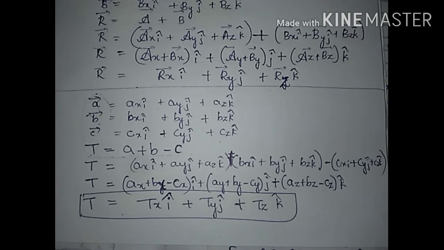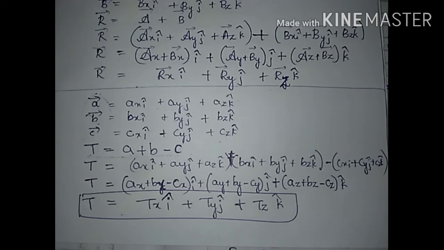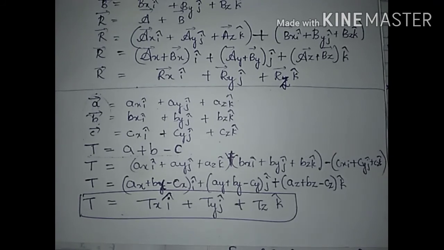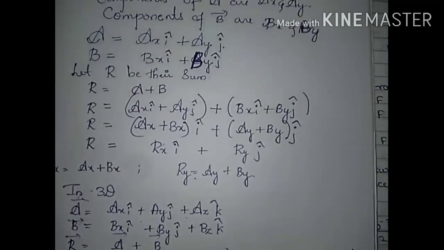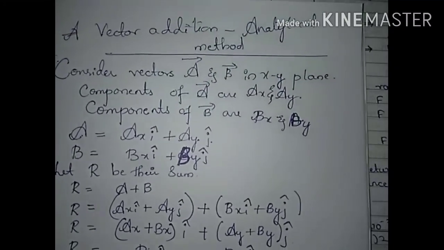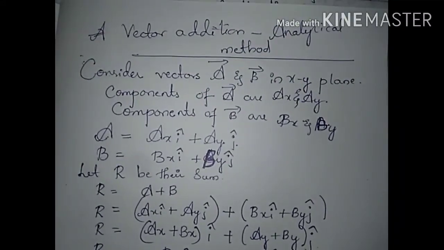In the analytical method, you just have to write the proper components of a given vector in the x-axis, y-axis and z-axis. Then you just have to add them, or if they have asked you to subtract, then you subtract them and write the final result. That is what we have done here. So this is vector addition by the analytical method.